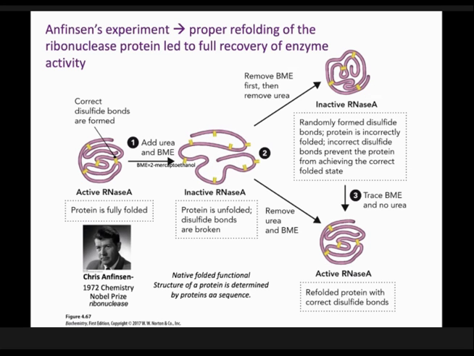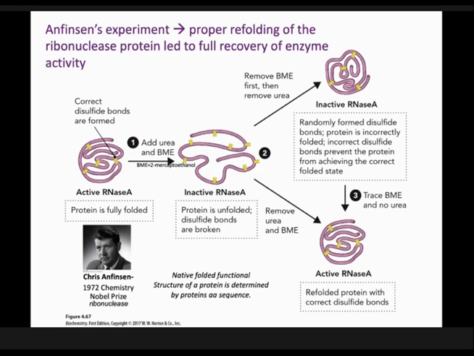What he did is basically, he said, what happens if I add a chemical that disrupts the disulfide bond, like methylketotenol? And what happened is that, obviously, the protein is inactive.